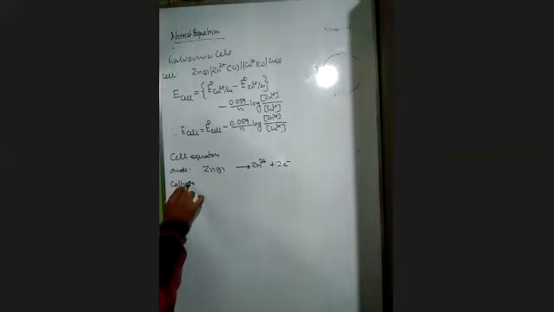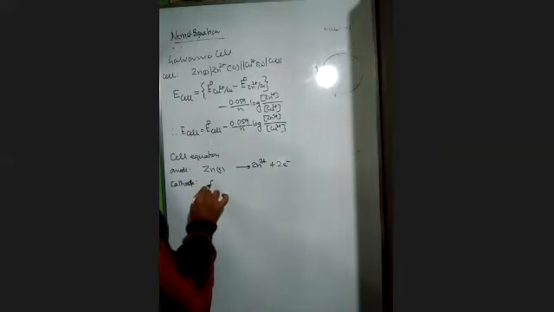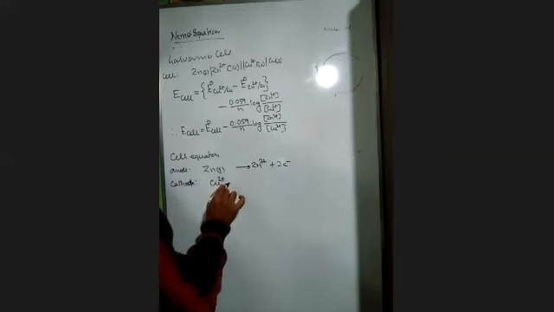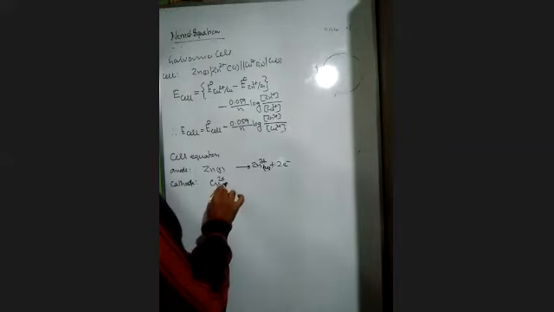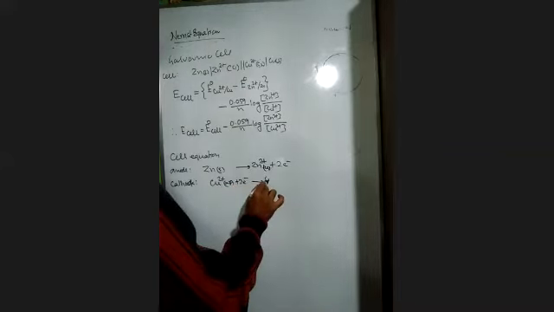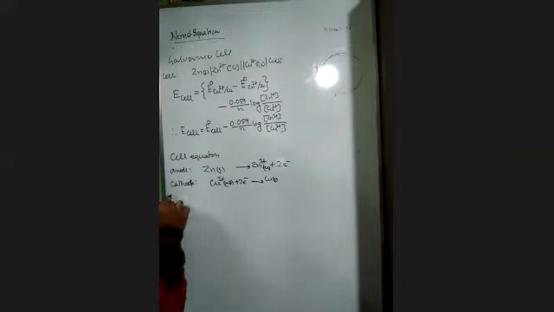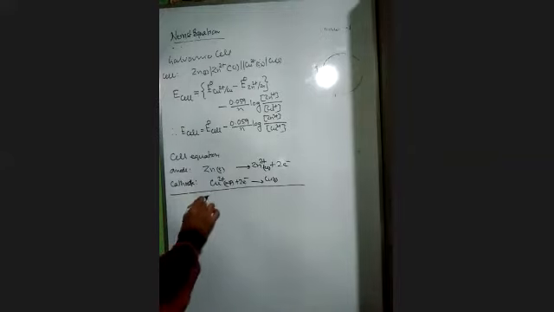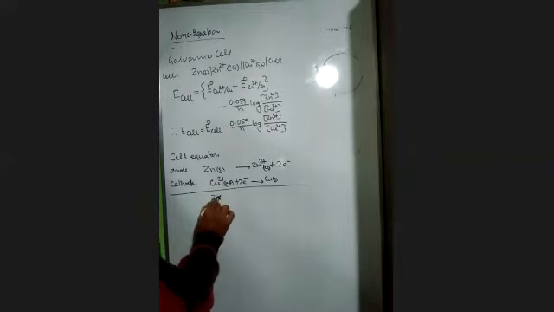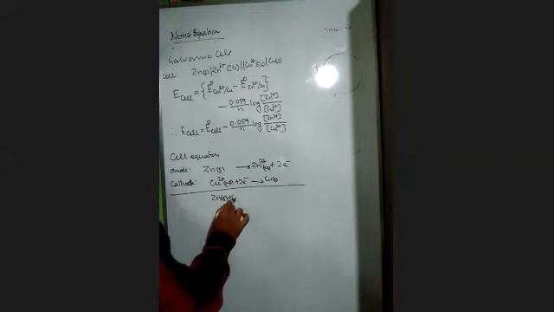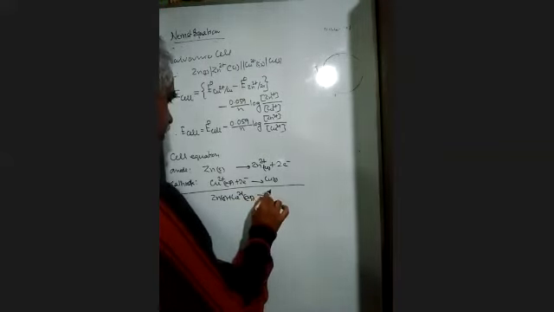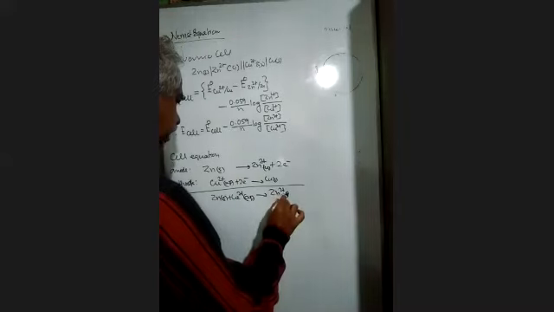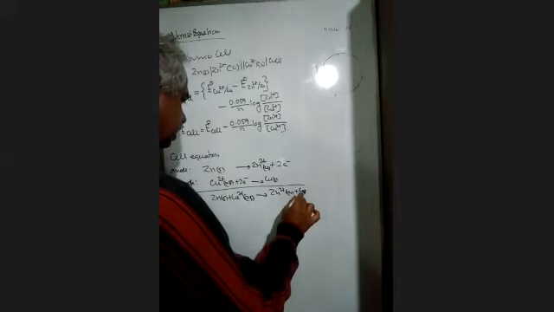Electron, which is not difficult. So it is Cu2+ plus 2 electrons gives you Cu(s). I'll add. Okay. So it is Zn(s) plus Cu2+(aq) gives you Zn2+(aq) and Cu(s).